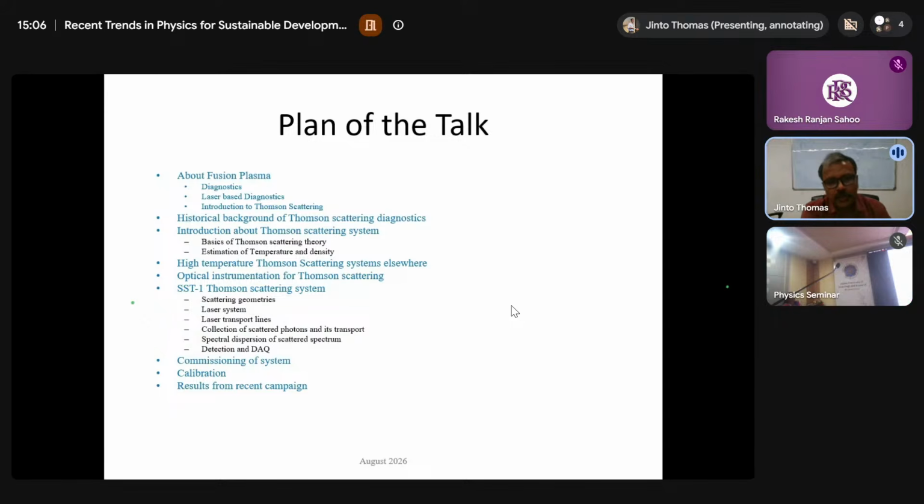I was making a plan to talk about fusion plasma and why we need fusion, and then, instead of straying into many laser diagnostics, I'll be concentrating on one of the most prominent diagnostics for fusion, which was in fact instrumental for the development of the tokamak concept itself, which I will just briefly mention. Then I'll go more technical into Thomson scattering and its implementation, and how you can really measure a very high temperature plasma. I'll be showing a few slides on that.